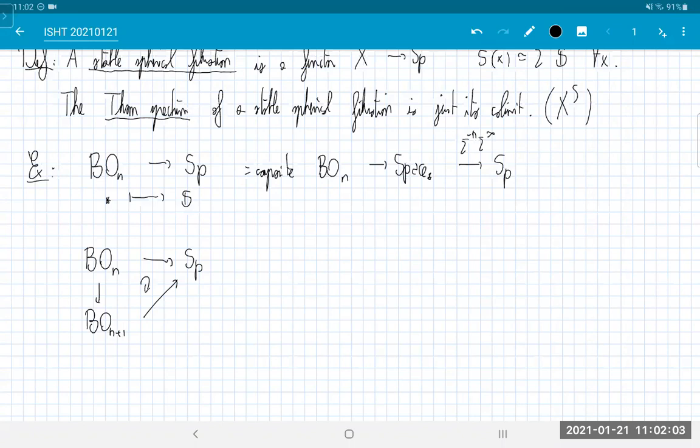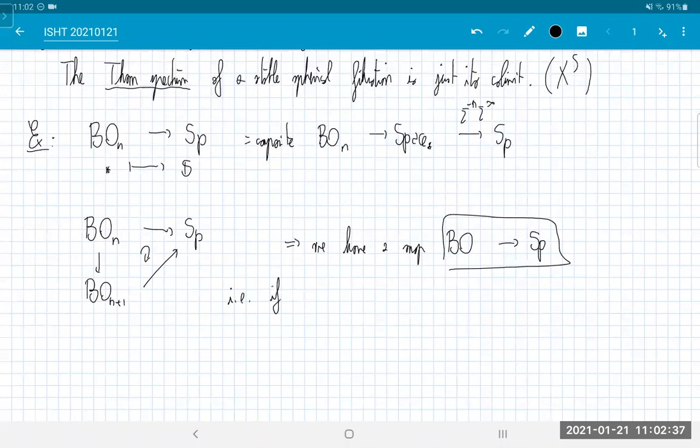Oh, I forgot to say, I should have said something about Thom spaces before. Well, okay, I'll say it after this example. So we have a map BO mapping into spectra. So I can form a stable spherical fibration from every virtual vector bundle.